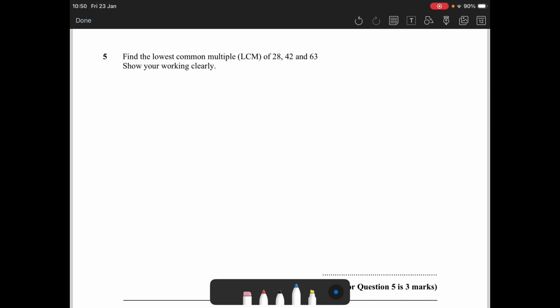Okay. Lowest common multiple of 28, 42, and 63. What you can do, and what will make your life a million times easier, is just to pick any two of the three, right? Let's just work out the LCM of these two numbers. I can do that by just thinking of my times tables. You can do the Venn diagram method.